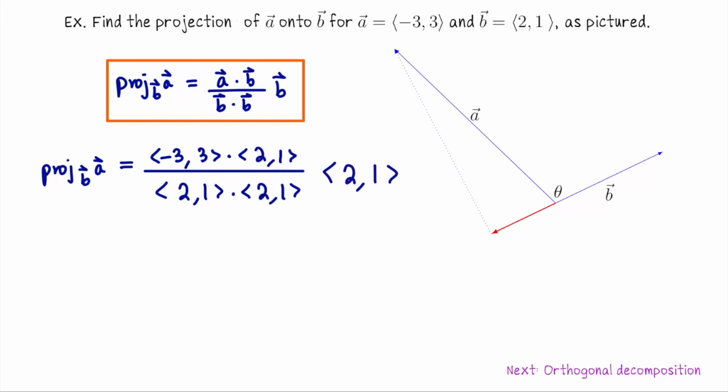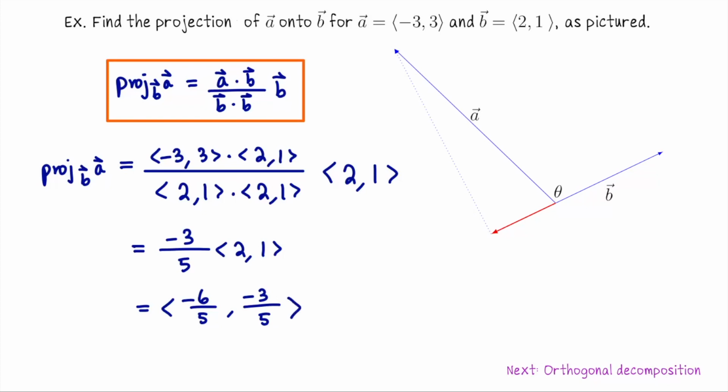So all of that times the vector 2, 1. Okay, let's see, what do we get in the numerator? That's going to be -6 plus 3 is -3. In the denominator, we have 4 plus 1, so that's 5. So -3/5 times 2, 1. Or in other words, that red vector pointing southwest is the vector -6/5, -3/5.